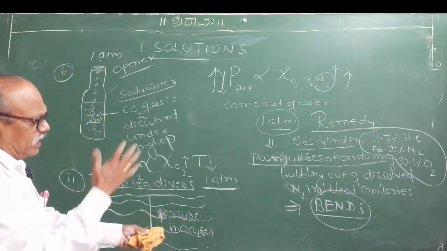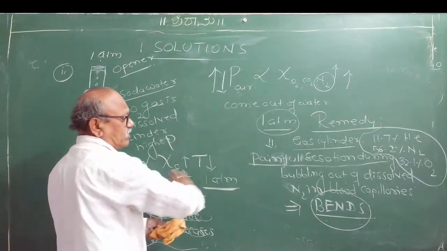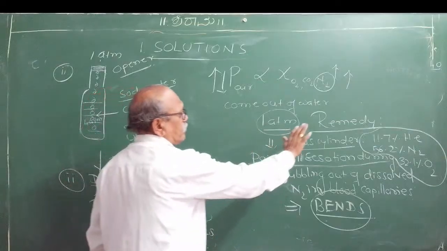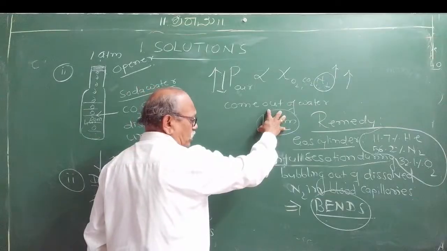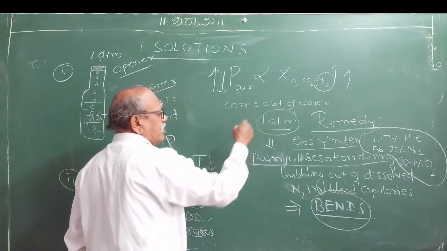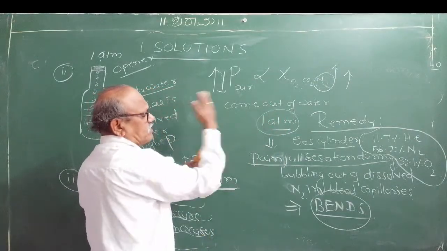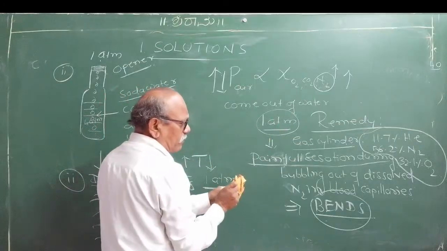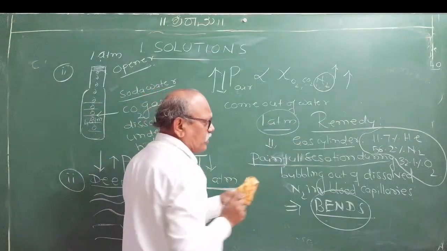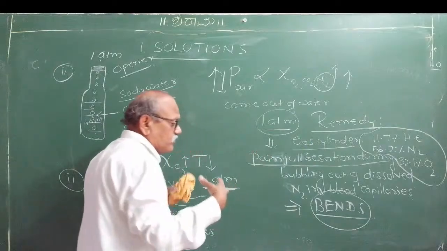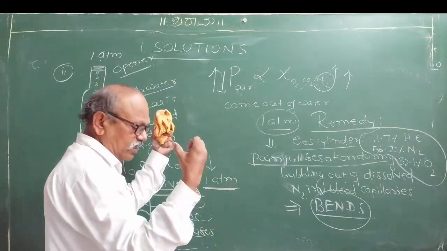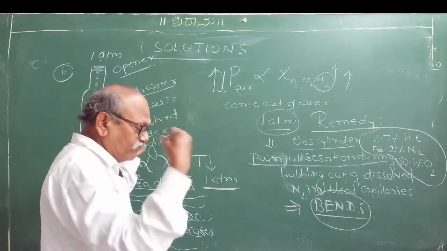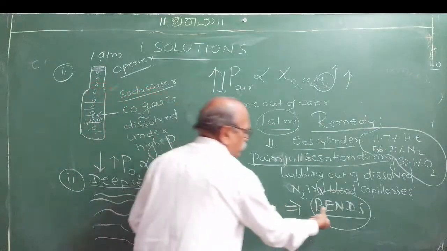At high pressure, when they come out of the water body, suddenly the atmospheric pressure becomes 1 atmosphere. When it suddenly decreases, the backward reaction takes place, and dissolved nitrogen from the capillaries comes out in the form of bubbles. During the process, in the entire body, the deep sea divers will feel a particular painful sensation that is called bends.